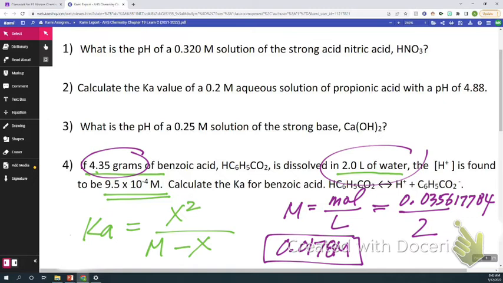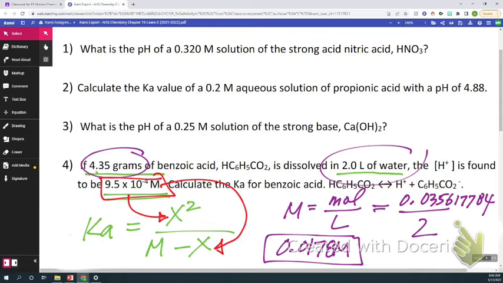You cannot ignore that X in the denominator, you know? But luckily, we don't have to this time around, because they gave you the X. If they give you the X, you need to plug it in both here and here. Plug it in both. Don't lose that X in the denominator.